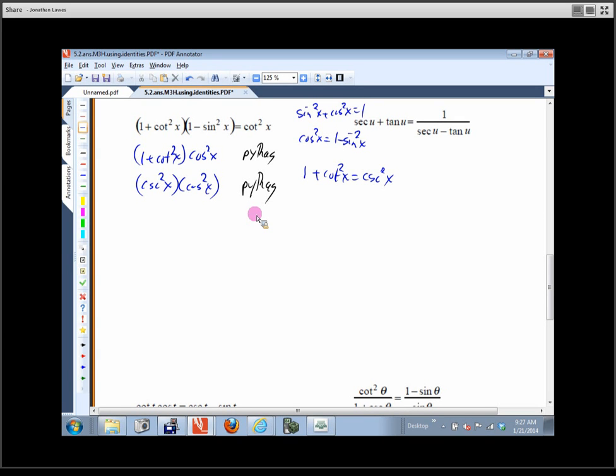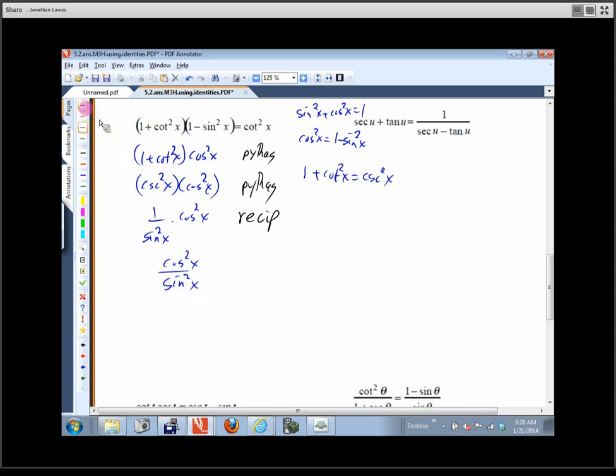Lynn? Change cosecant squared to 1 over sine squared. So if I make that change, so this is 1 over sine squared x times cosine squared x. And again, the reason for that is these are reciprocals. That's a reciprocal identity. Once I do that, then I have cosine squared x over sine squared x.